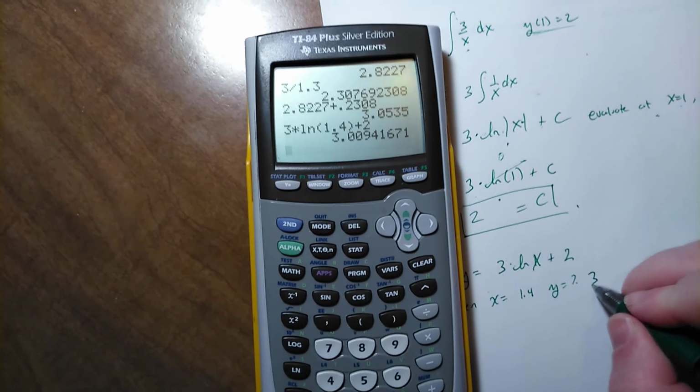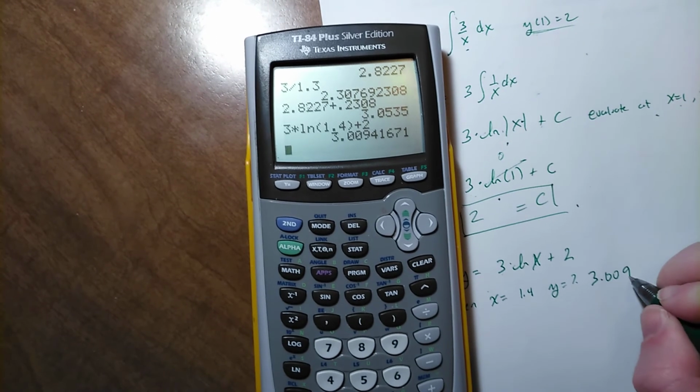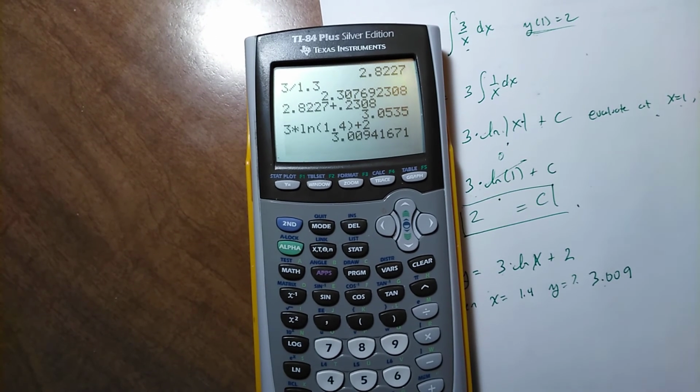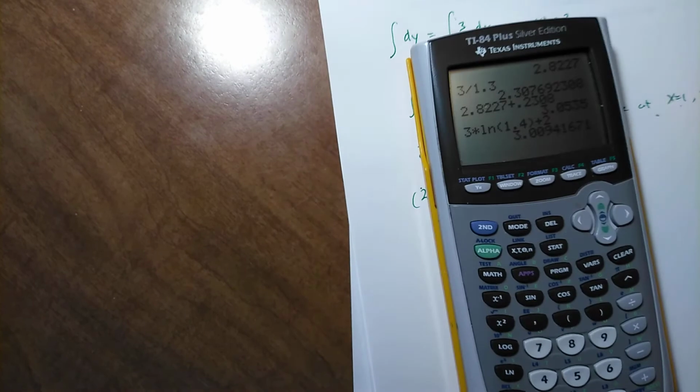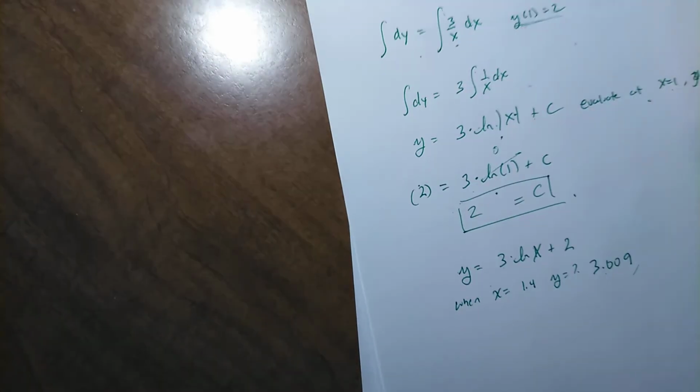I'm just going to write this down. This is 3.009. We went to 3 decimal places in the book, so that's what we're going to go with.